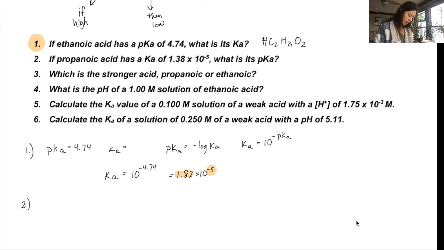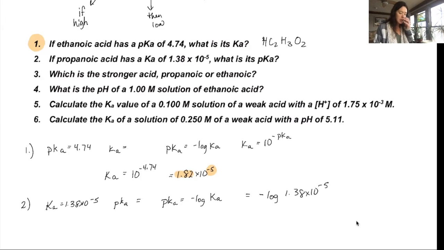Number 2. If propanoic acid has a Ka of 1.38 times 10 to the negative 5, then what is the pKa equal to? Well, the pKa equals the negative log of the Ka. That's equal to the negative log of 1.38 times 10 to the negative 5th.